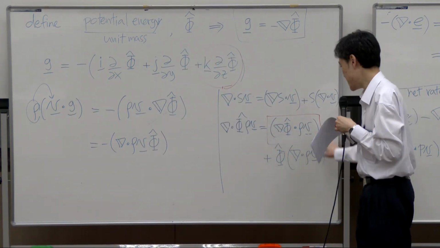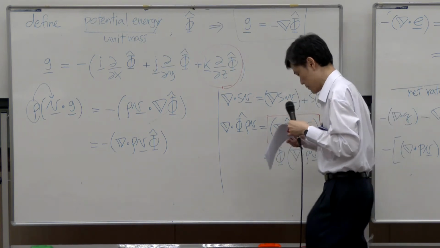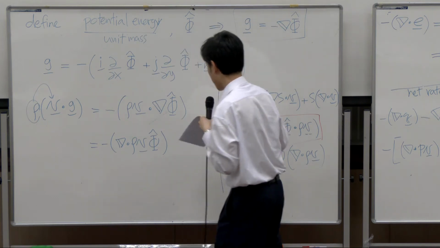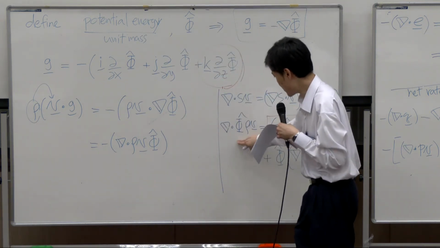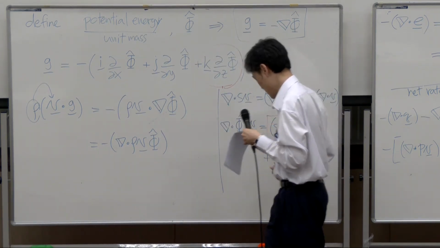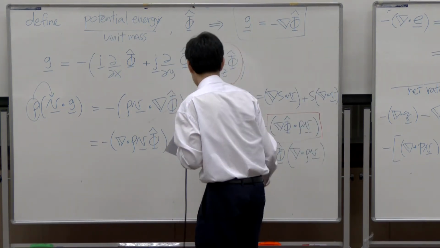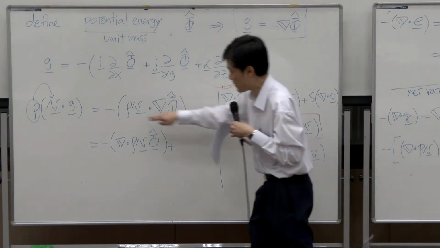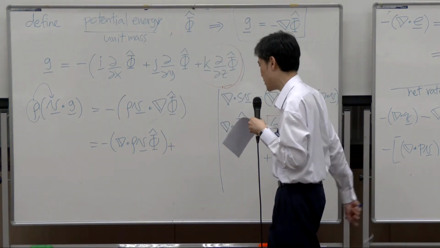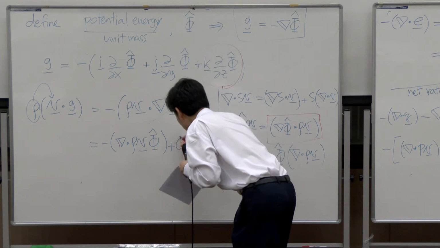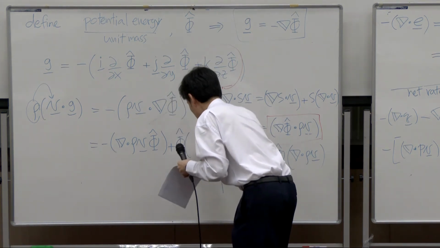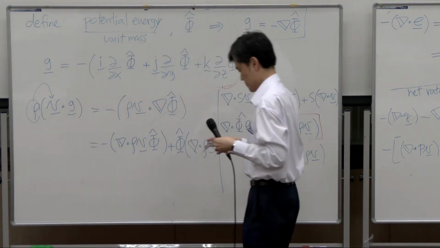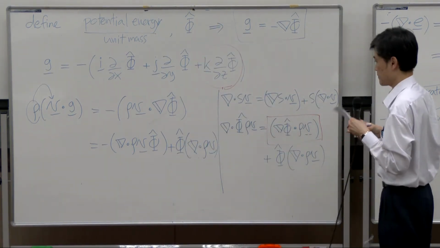I can move phi inside as well because phi is scalar. No, I'm sorry, this is this term, okay? And moving this term to the left-hand side, you get minus, and you get minus from here, so it turns into plus. All right?